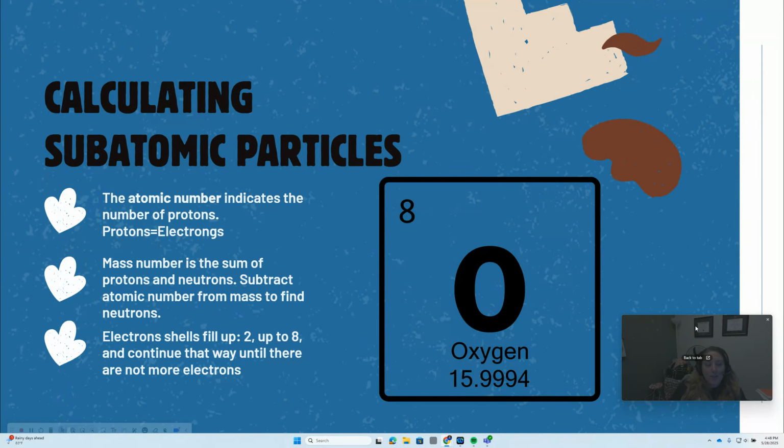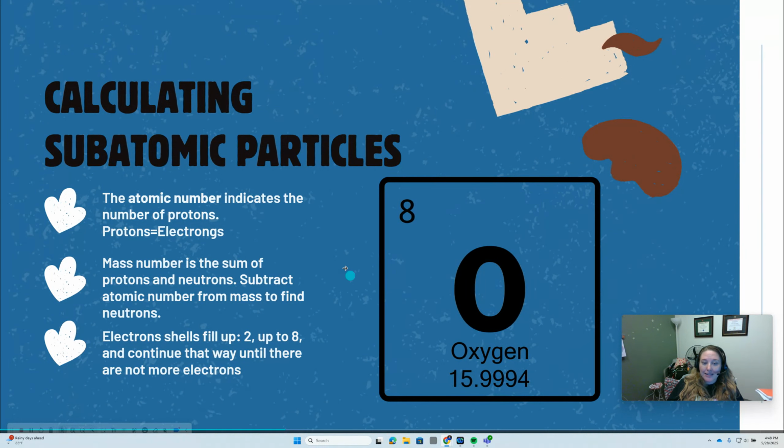All right. In order to calculate these subatomic particles, we are going to look at the periodic table of elements, and we're going to see something that looks an awful lot like this box over here. And we know that the atomic number is the number of protons. Number of protons is also the number of electrons.